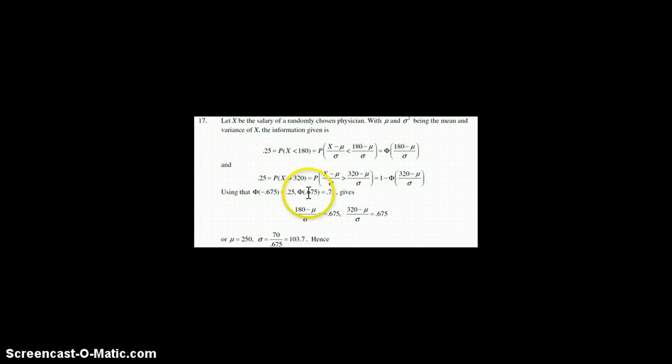But since it's symmetric, we know 25% above, 25% below is going to be the same z-score, just a negative version of it. So that's how we're getting this negative 0.675. Again, we're looking up in the center of the chart, looking for 0.75 and then finding out that the z-score is 0.675.